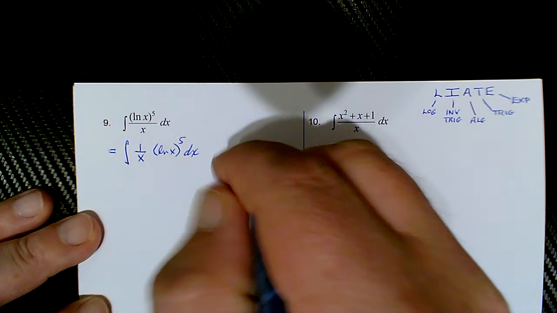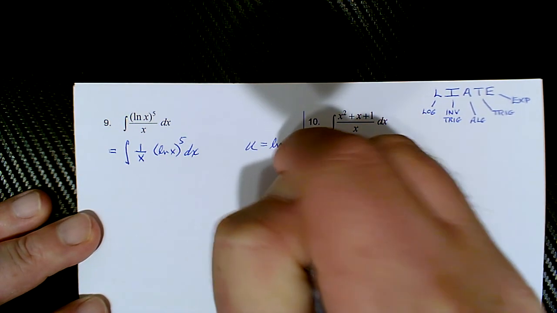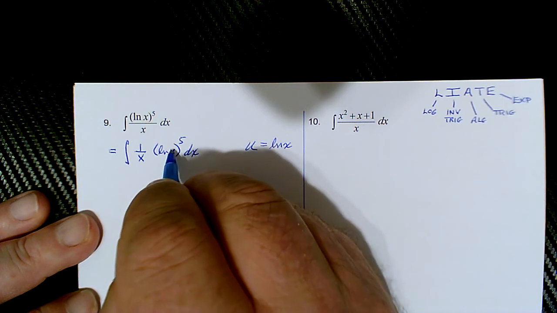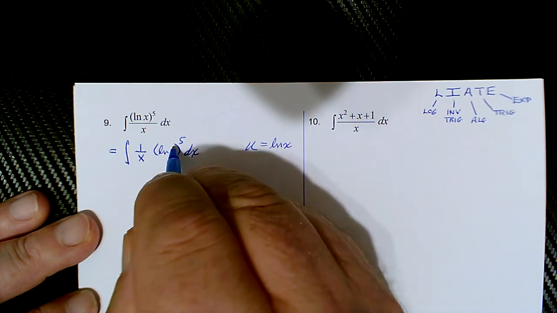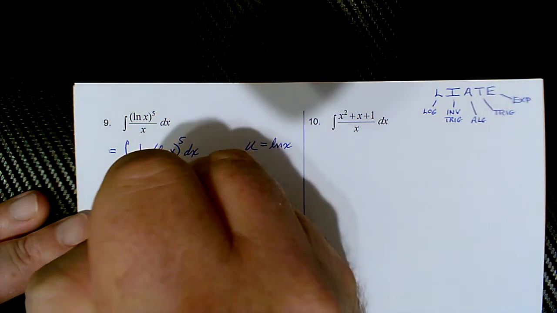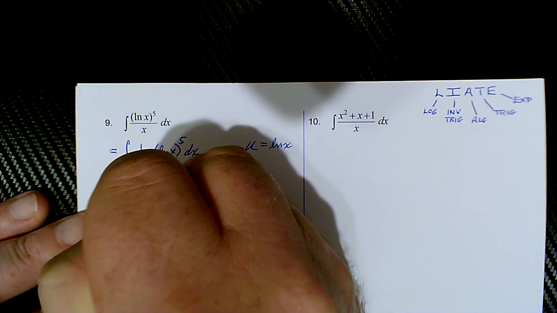And now I'm going to choose my u to be the natural log of x. I don't want to choose it to be the power, because if I choose u to be the natural log of x, this is then fitting the form of u to the n, or in this case in particular, u to the 5th.